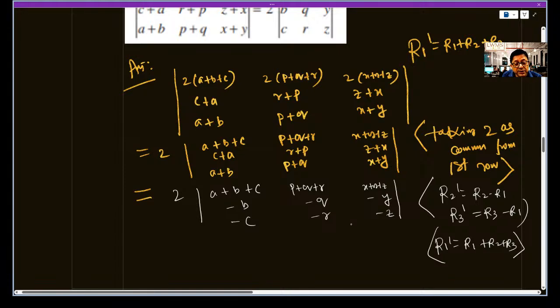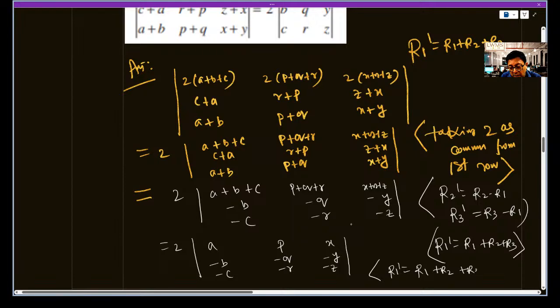Just apply it. 2 into A, P, X, minus B minus Q minus Y. So you have used R1 dash is R1 plus R2 plus R3. Clear? Done?